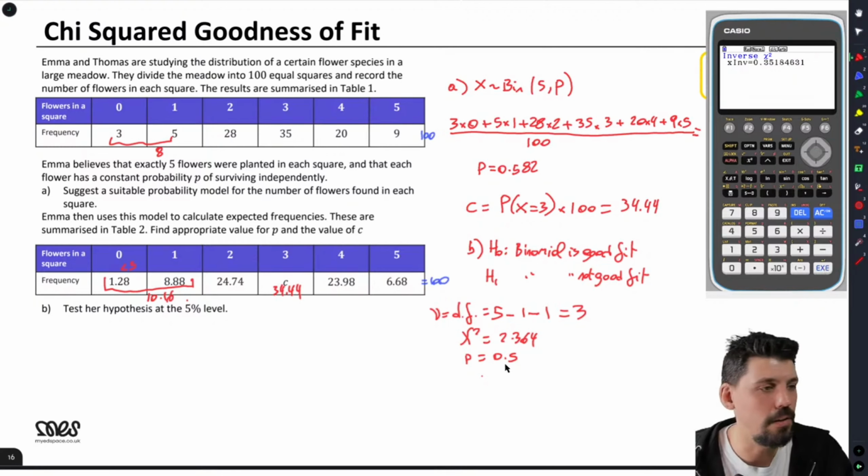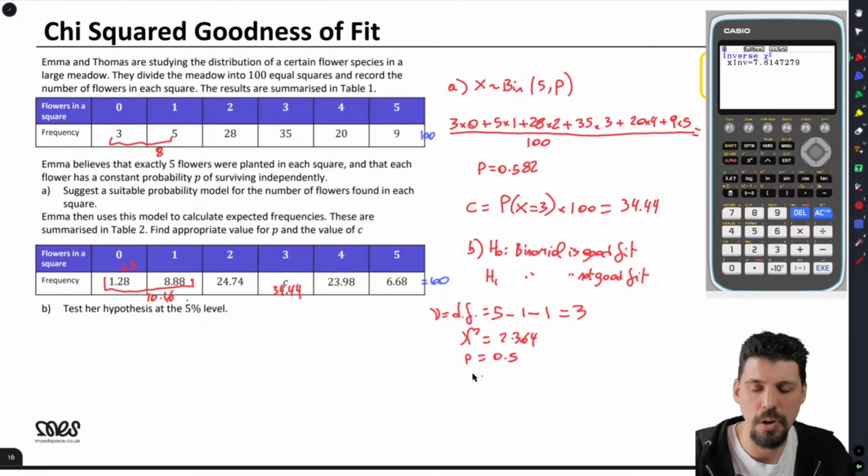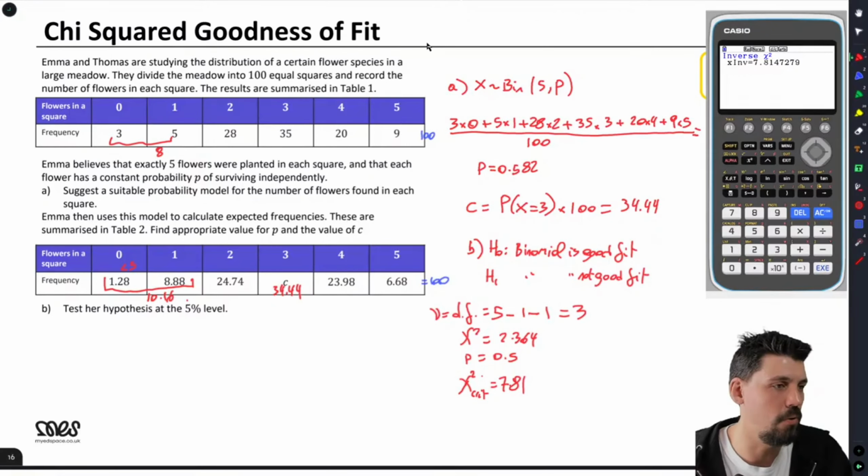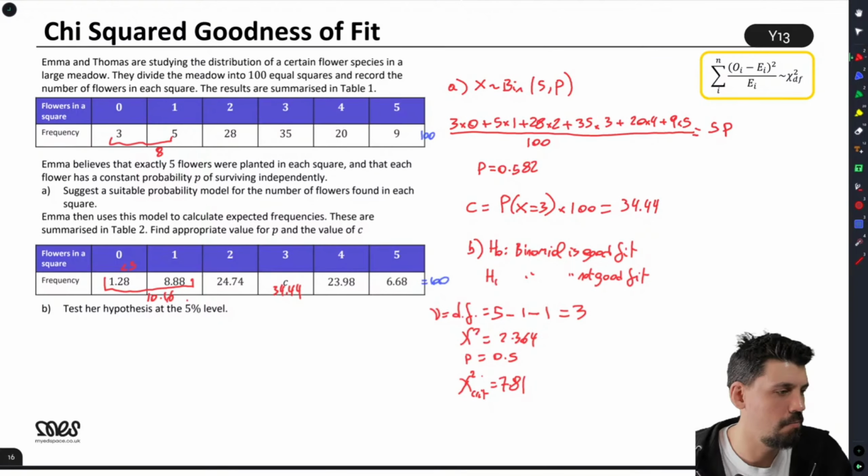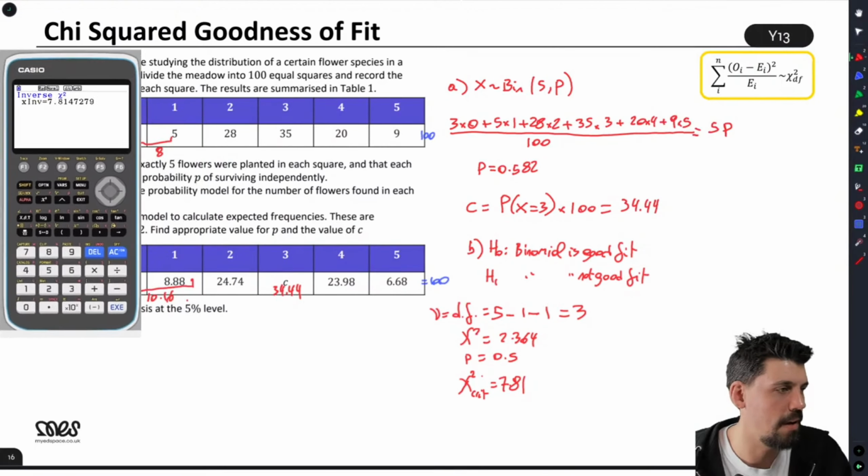And my critical value would be 7.8. So it doesn't really matter how you go about this. You do get given a table with it all.